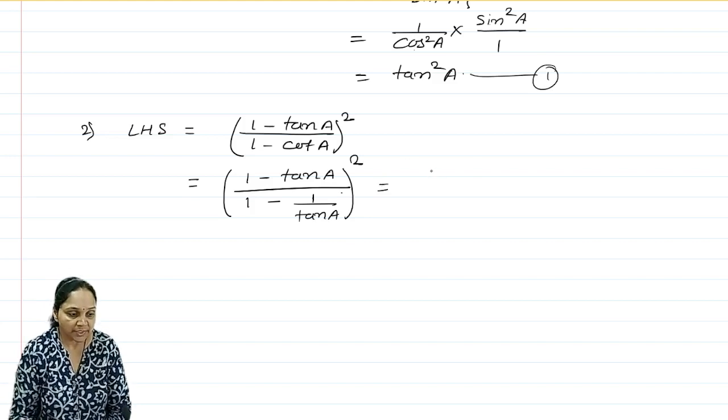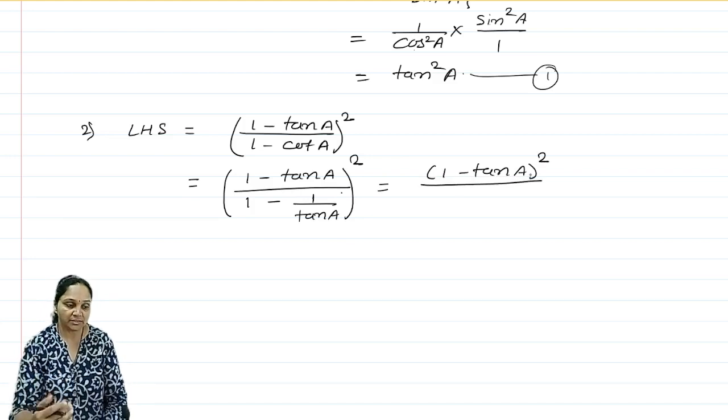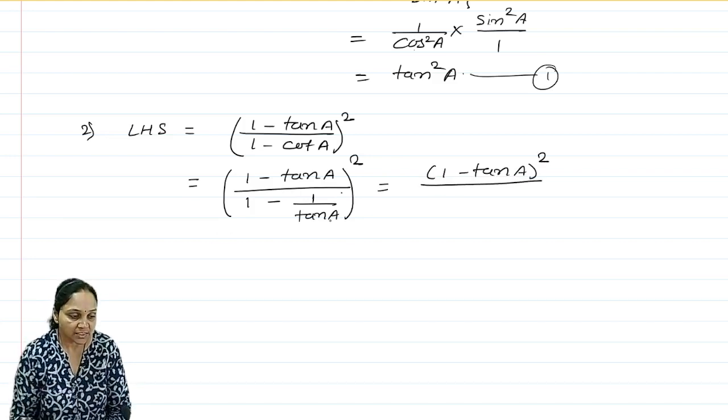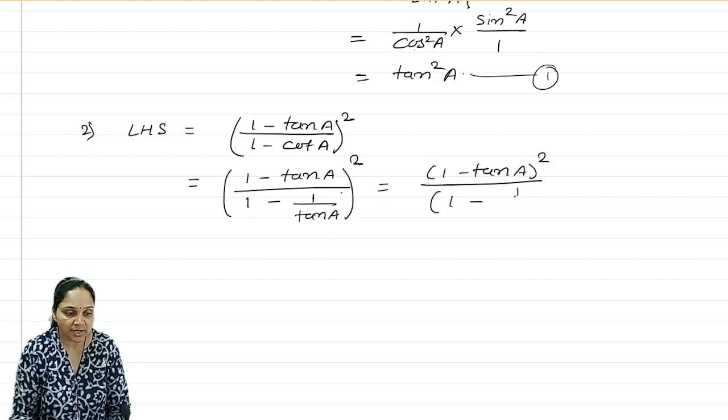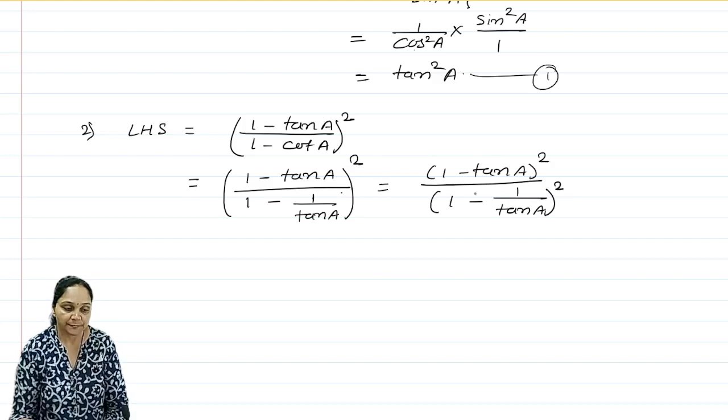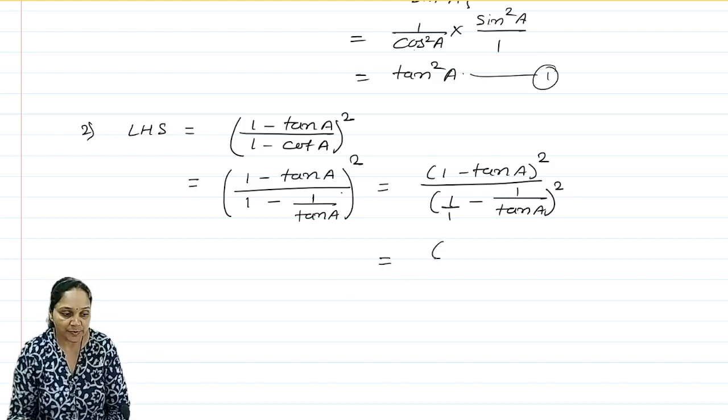Now I am separating (1 − tan A) squared, using laws of indices, I am separating the square, and here in the denominator (1 − 1/tan A) squared. Now here the denominator of 1 is 1, and now use cross multiplication.